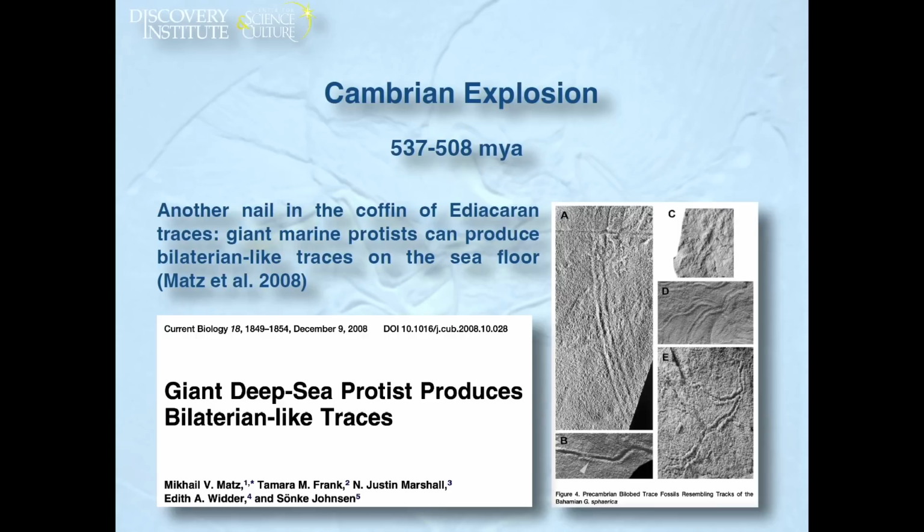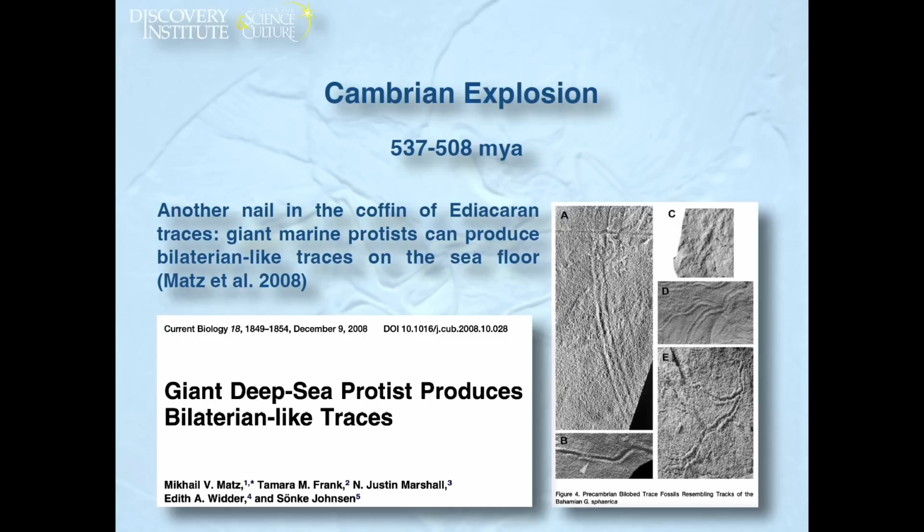And there was a second paper that put this evidence into question from another angle, and that is it was discovered that nowadays, living, we have deep-sea protists, large deep-sea protists, unicellular organisms, and they are not all small. There are some of them that can reach several inches in diameter, and they can produce traces on the seafloor that look like the walking or burrowing activity of animals.